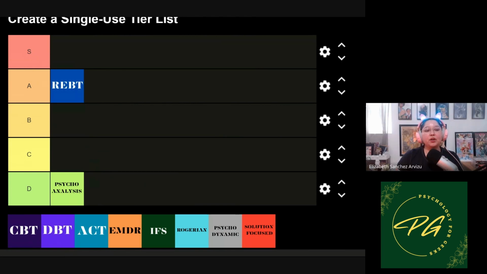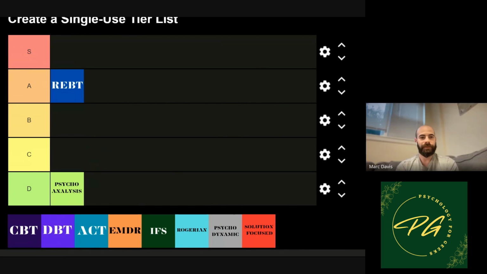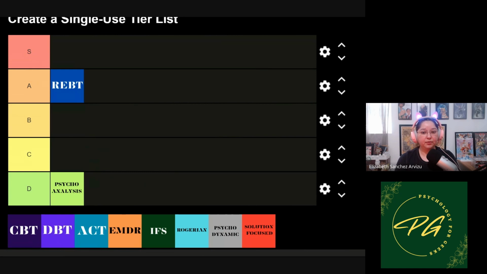Yeah, but part of why I scored it so low is because to me it also seems like another band-aid approach. Yes, you can learn how to solve problems, but the root of the problem is still going to be there. So it's not the most effective overall, but it's good for what it's meant to do, I think.